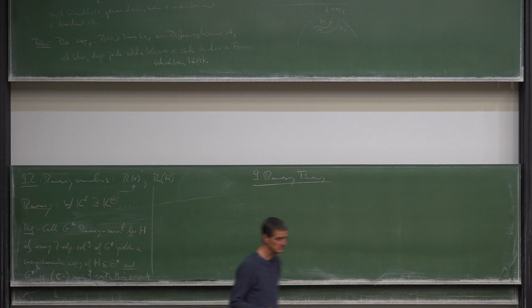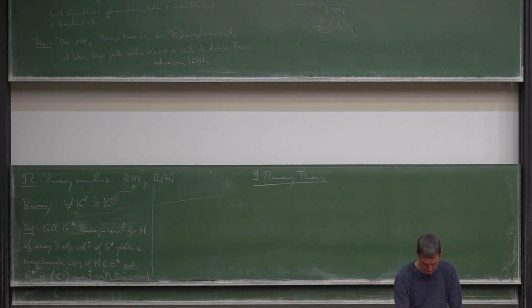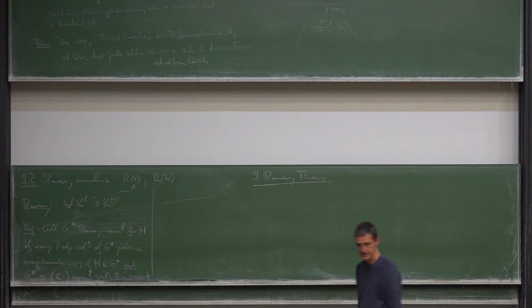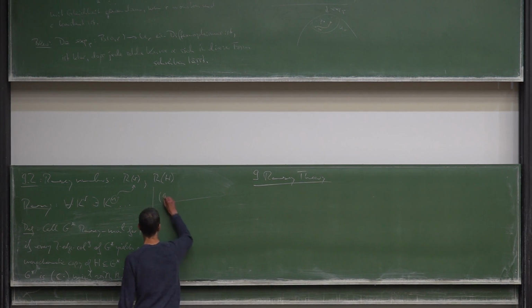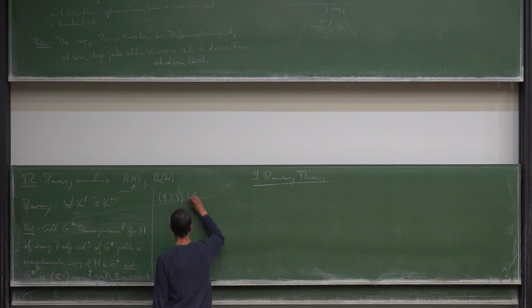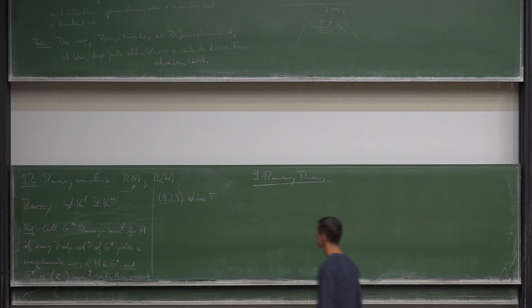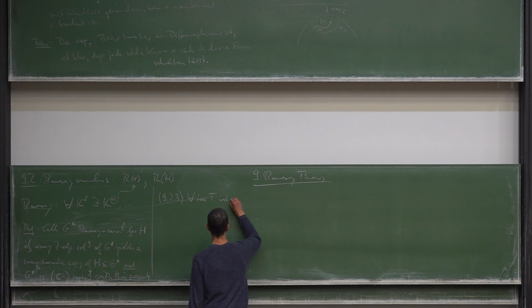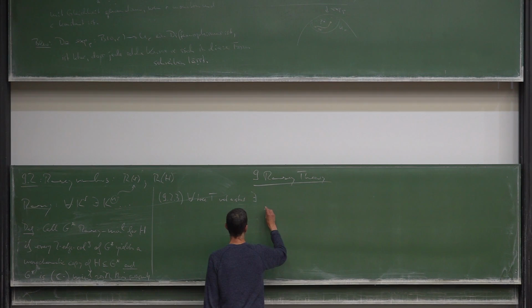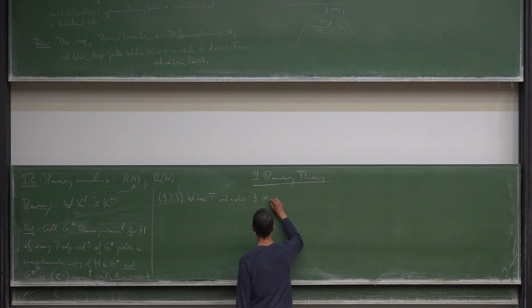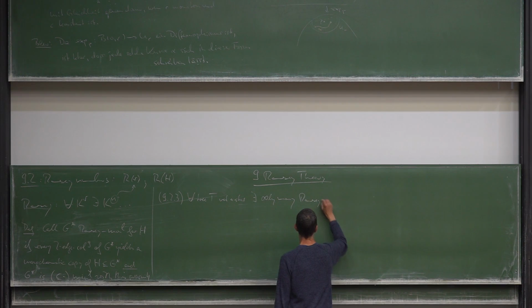so that's Proposition 9.2.3. For every tree T that's not a star, there are infinitely many Ramsey minimal graphs.